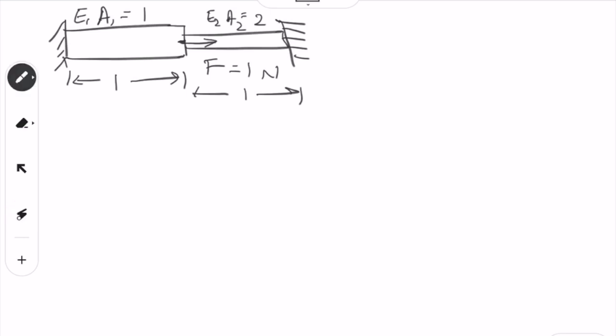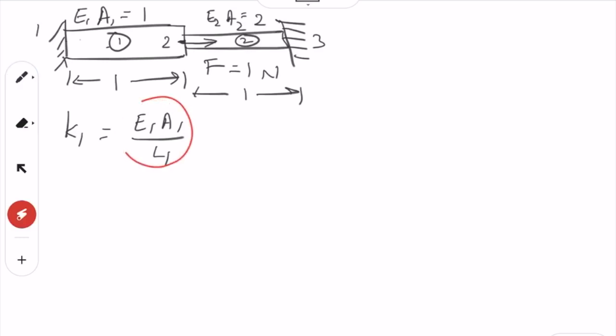So how can we do it? We start with node number 1, node number 2, node number 3, element number 1, element number 2. First we find out the stiffness matrix for the first element, and we can write it as E1 A1 over L1, because this is what the K is.